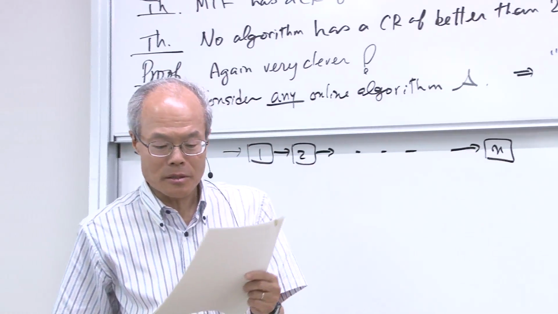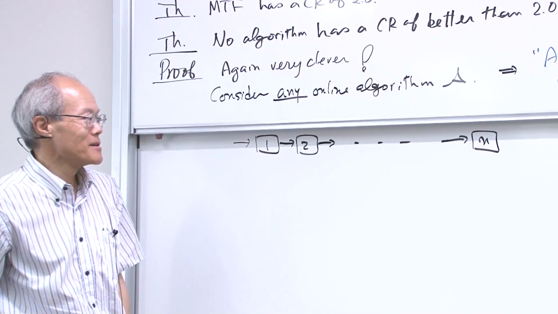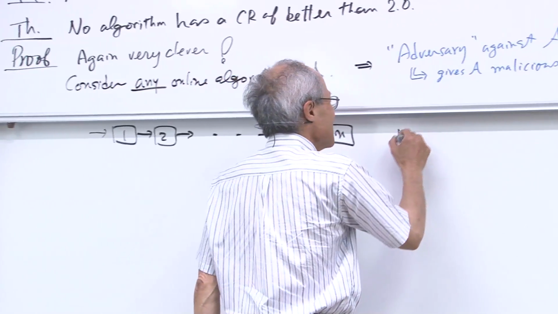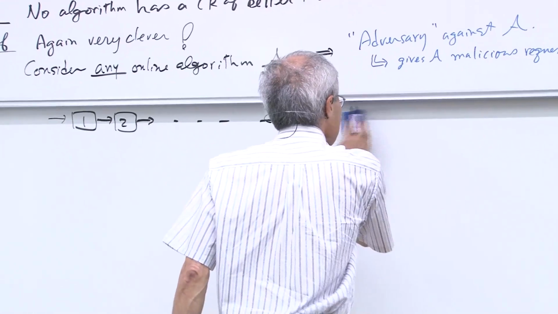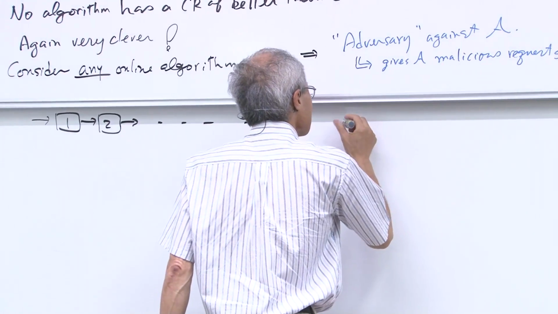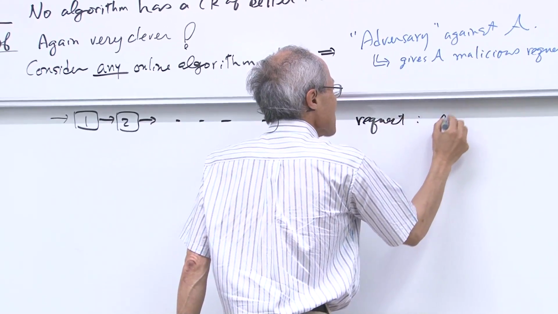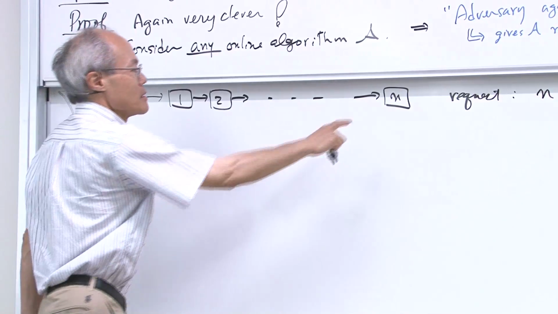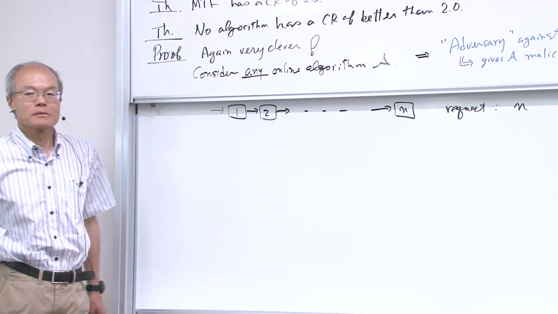So this is the initial list. What is a malicious request? It's obvious. The first request is n, the last one. This is very mean because we need n steps.